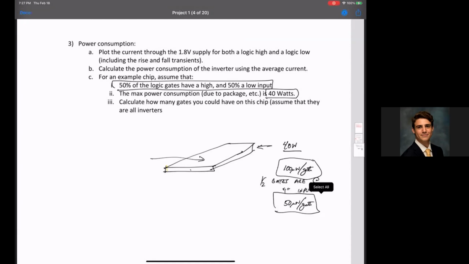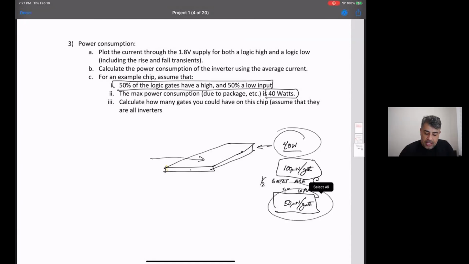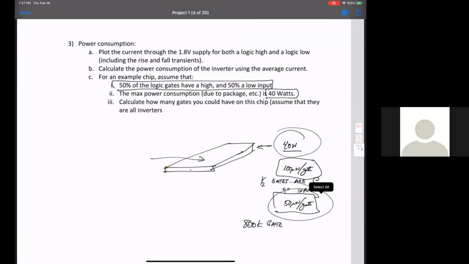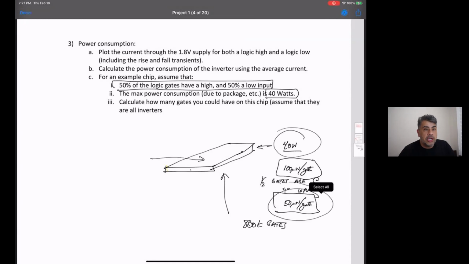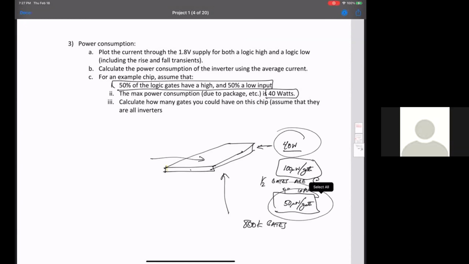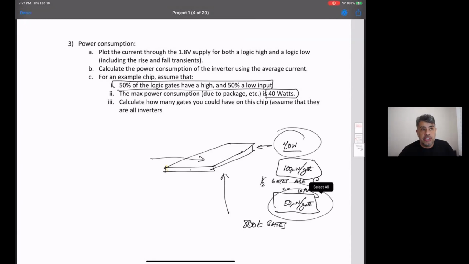Okay, assuming these numbers, I get 800,000 gates is how many I can have on this chip. And this was to demonstrate to you the difference between CMOS and all the crappy stuff that came before.